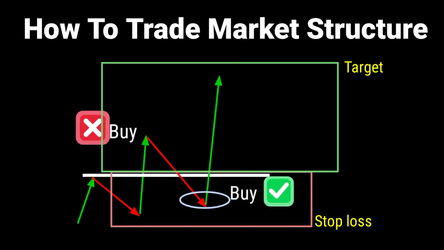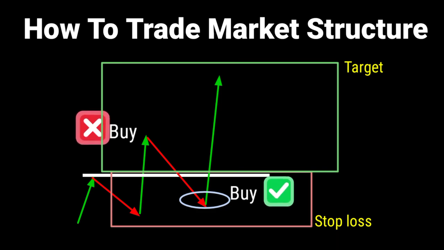And when it pulls back to one of the minor structures that you've drawn, then you can look out for a confirmation signal in form of a candlestick pattern like a doji or a bullish engulfing candle. Then you join.